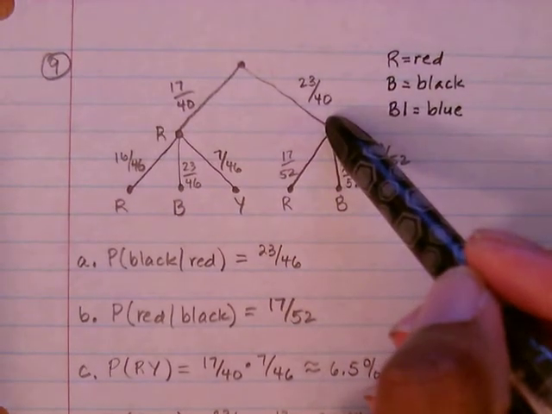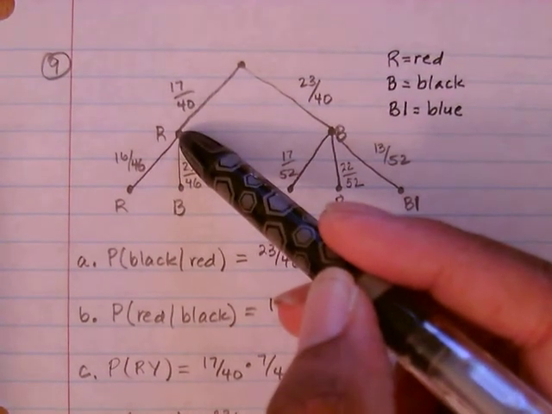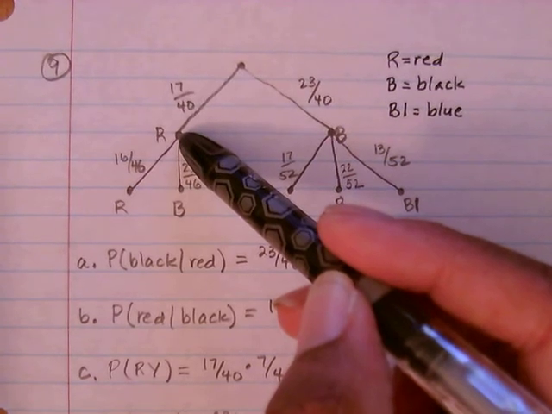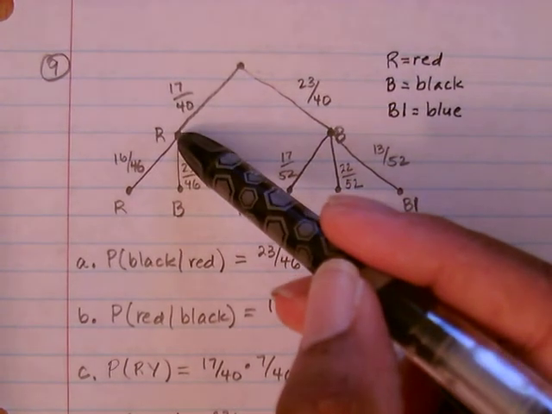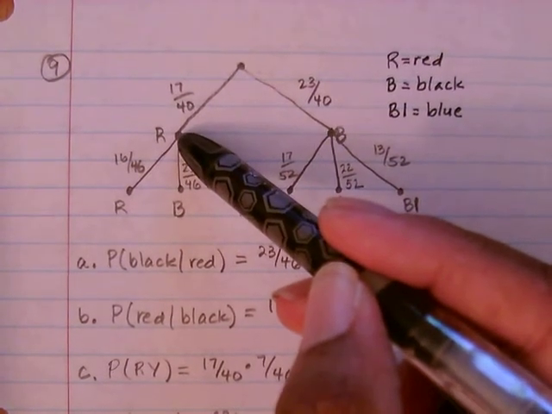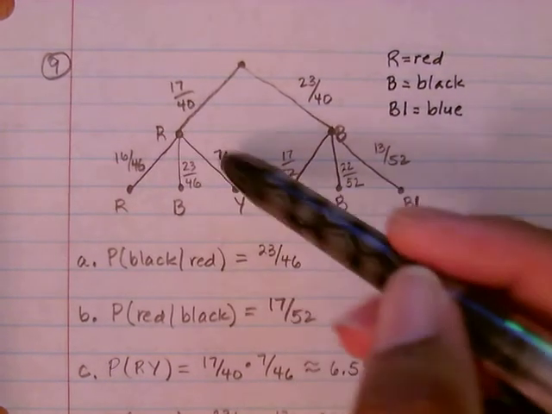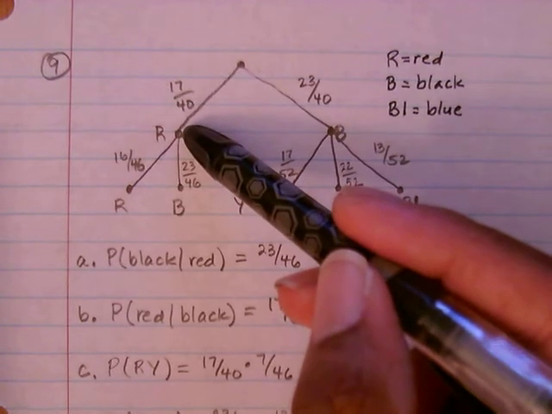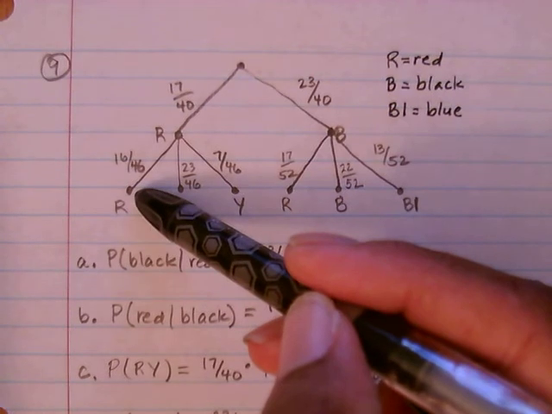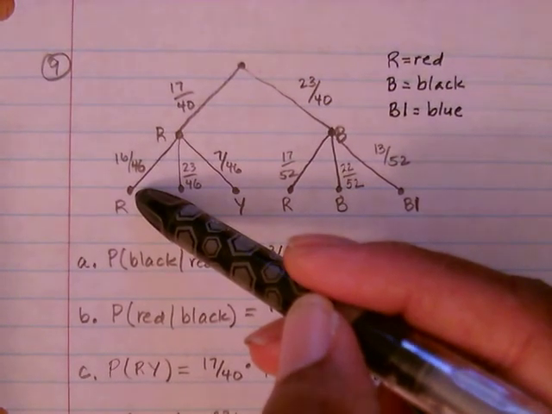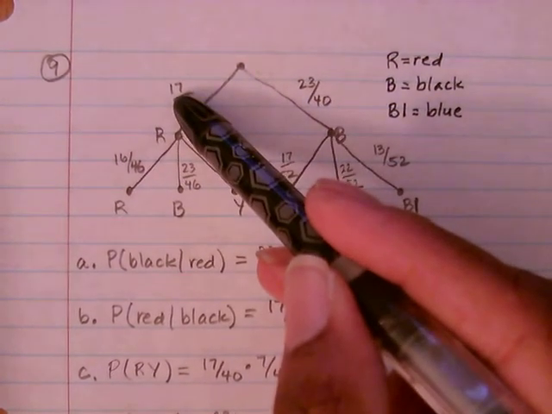Now it says here, we select a red marble, we add 7 yellow marbles here. So you see there's 7 yellow marbles here. So instead of having 40 marbles, you'll be down to 39 marbles, but when you add 7 marbles, you're going to have 46 marbles if a red is chosen. So for selecting a red marble on the second selection, you've already drawn a red marble, so you'll be down to 16, but there are going to be 46 left.